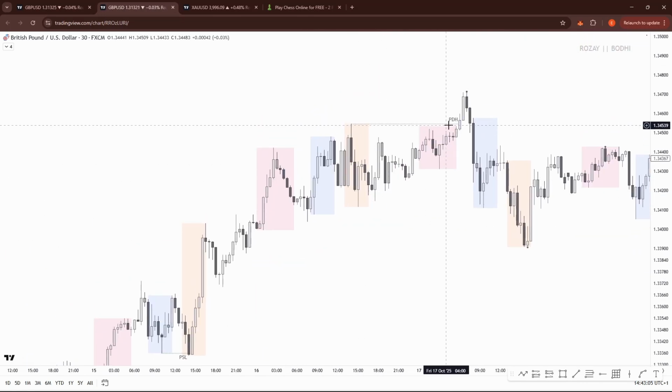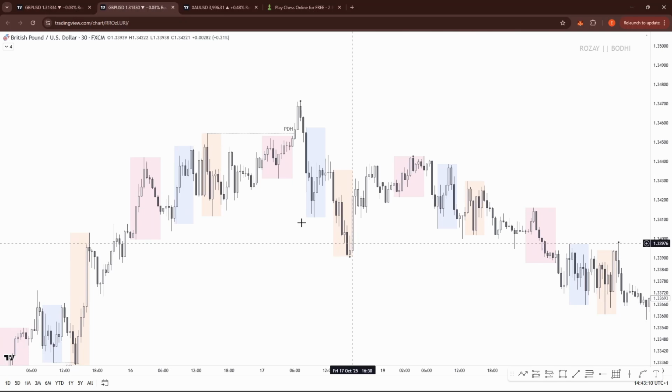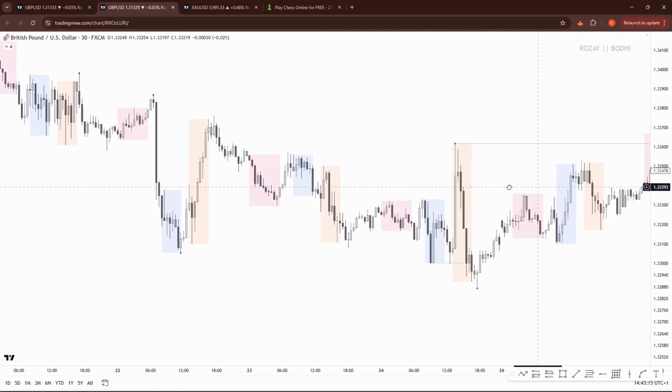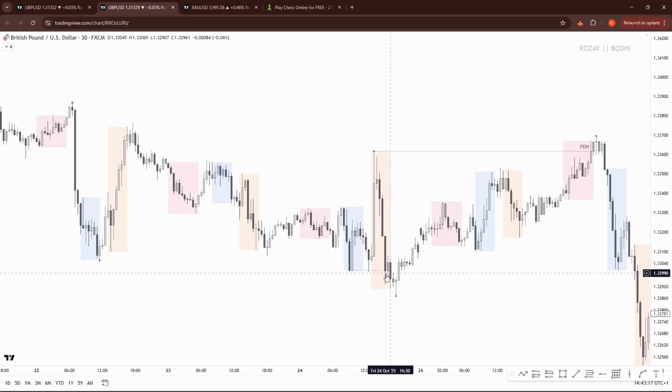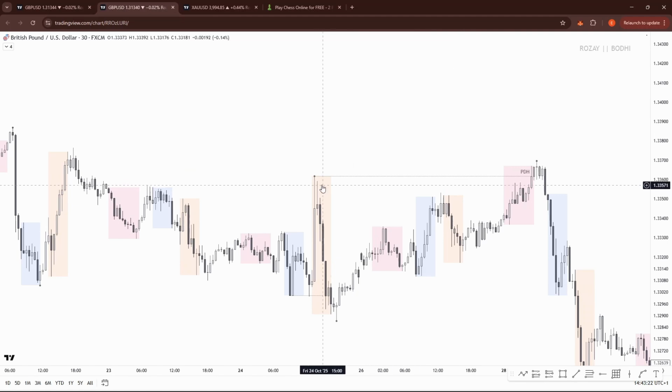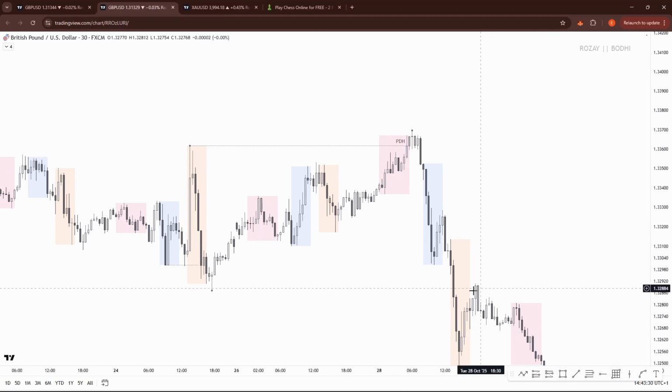Here we can see price raid the previous day's high, and we get a reversal away from that level. Here price raids the previous session, and it reverses away from it. In the same vein, we have this raid of the previous day's high, and we see price move to the downside.